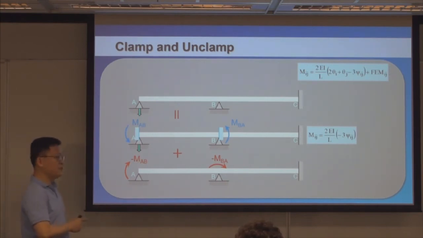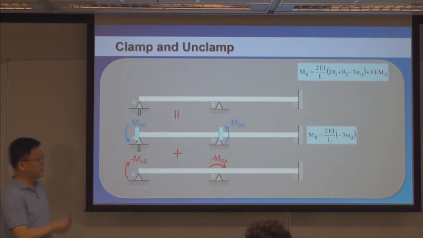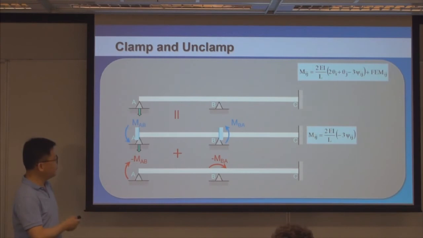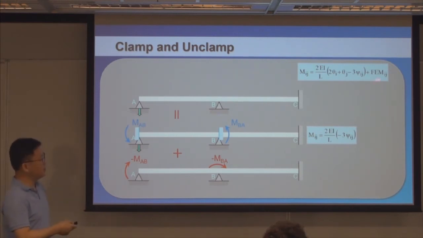Now, in this chapter, the fixed end moment takes on slightly different meanings. Originally, it's consistent with the previous chapter, which is due to the external loads. However, as the conditions change, we need to also take care of the settlement issues. So we expand the definition of fixed end moments to these conditions.